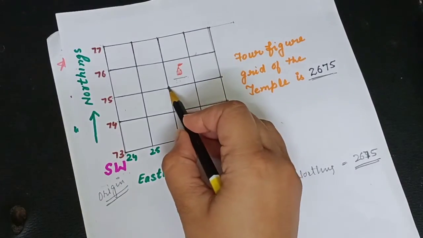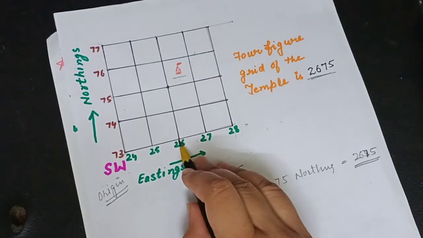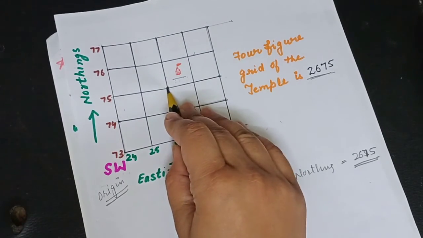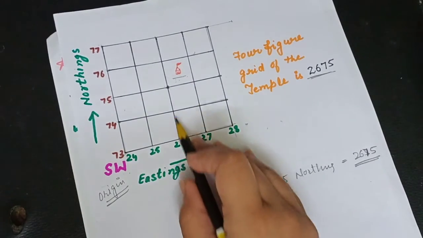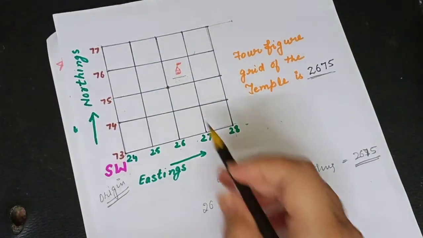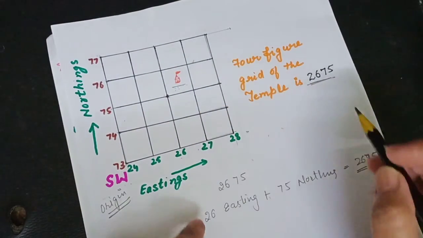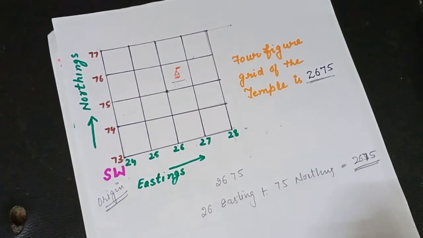So this grid will be read as 26, that is easting, plus 75, that is northing. So 2675 is the number of this grid. So where is this temple lying? This temple is in the grid 2675. So this is how we are going to read a grid.